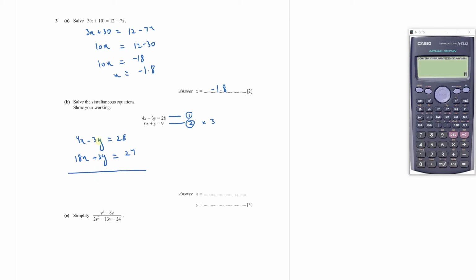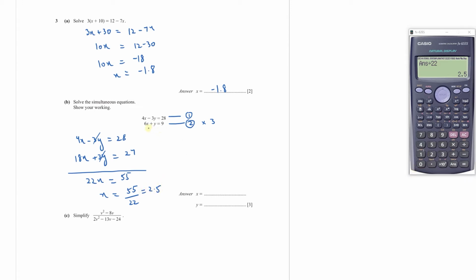And then add them together. This will cancel out. 18 plus 4 will be 22x equals 28 plus 27. This is 55. So x will be 55 divided by 22. So this divided by 22, you'll have 2.5.